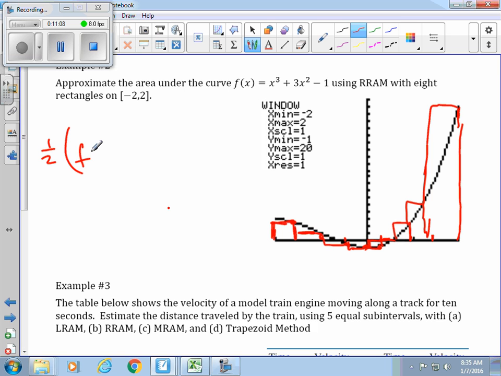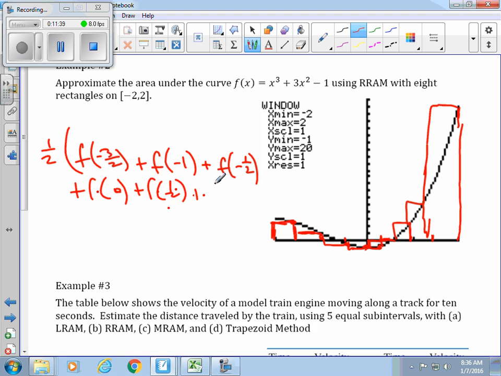So my first height would be f of -3/2 plus f of -1 plus f of -1/2 plus f of 0 plus f of 1/2 plus f of 1 plus f of 1 1/2, and plus f of 2.